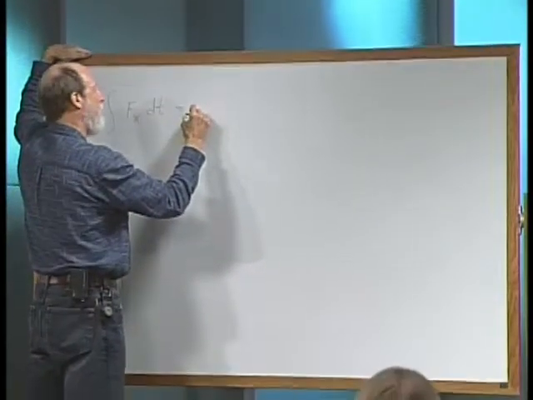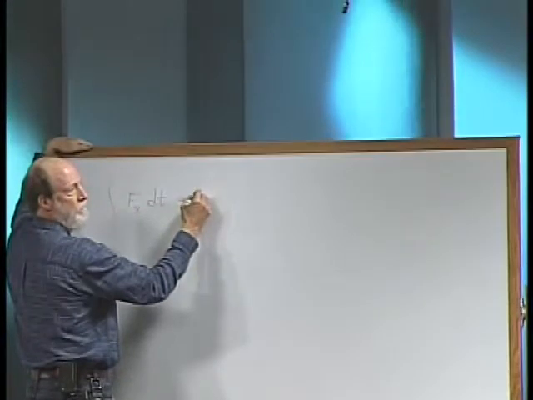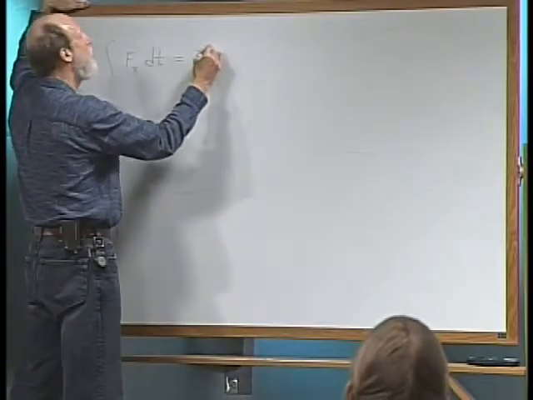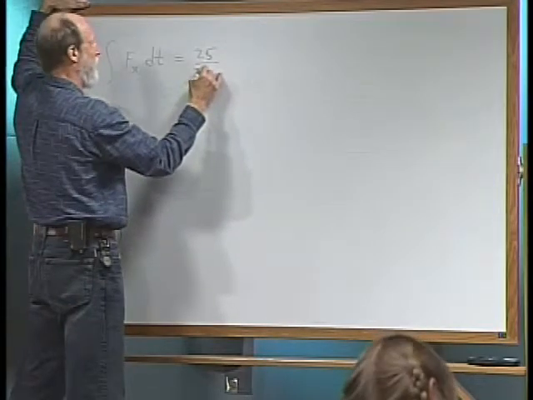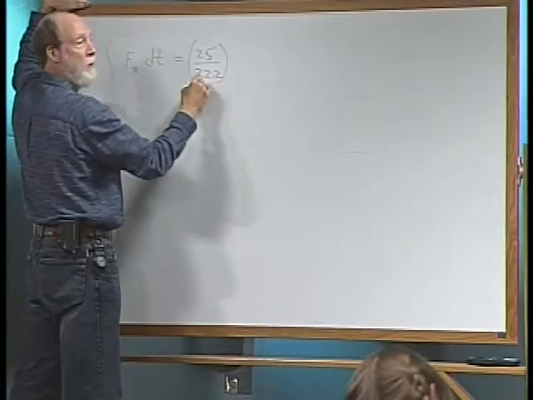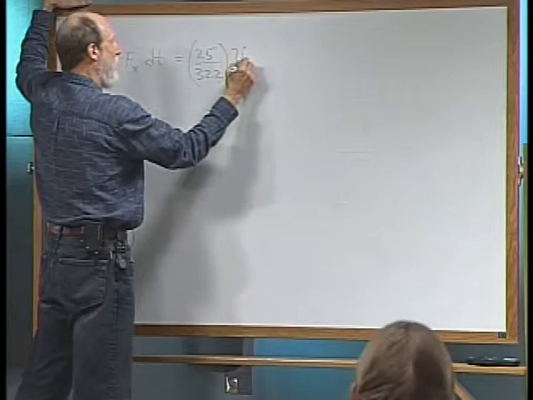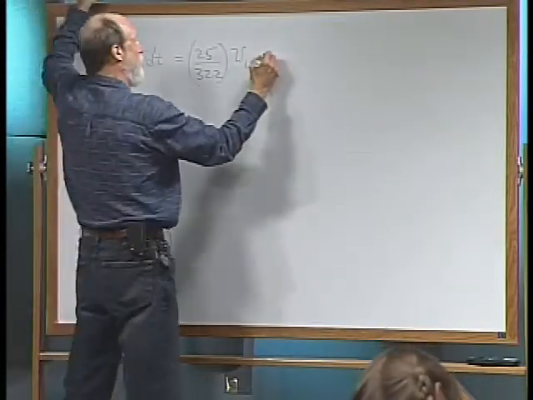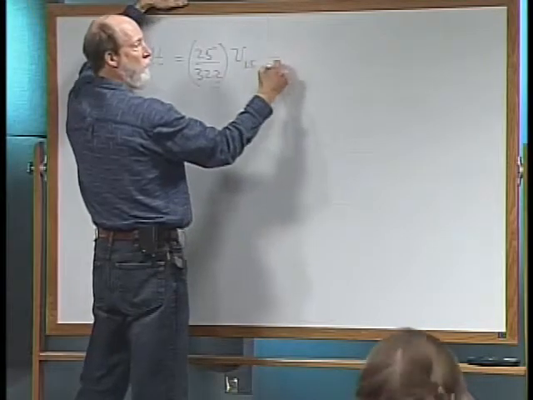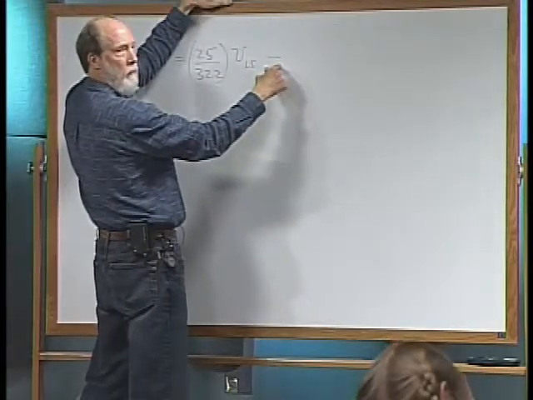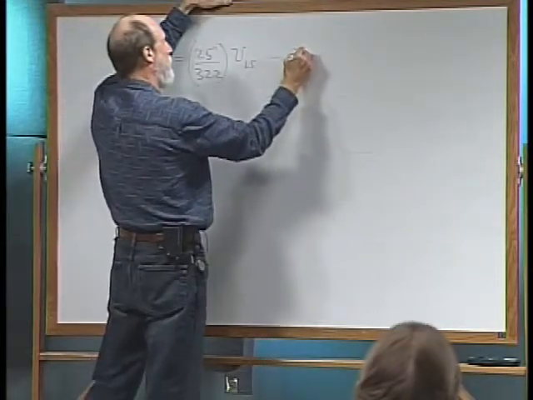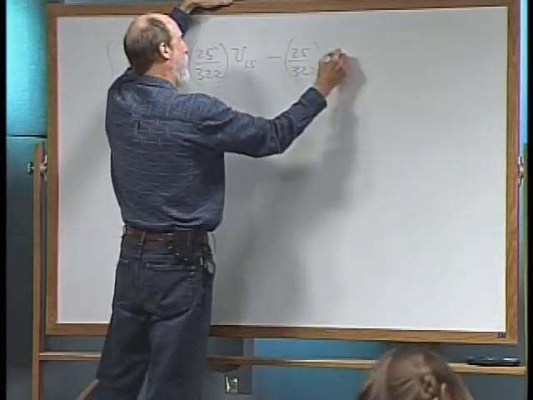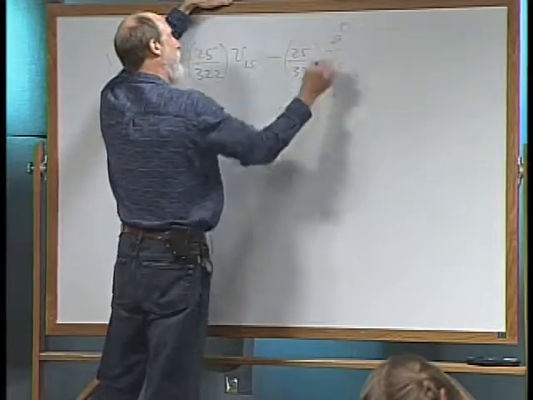So the mass of the object was what? 25 pounds divided by the 32.2, and we want the speed at 1.5 seconds, and we subtract off the momentum the system had initially, which was 0. 25 over 32.2 times the initial velocity, which was 0.